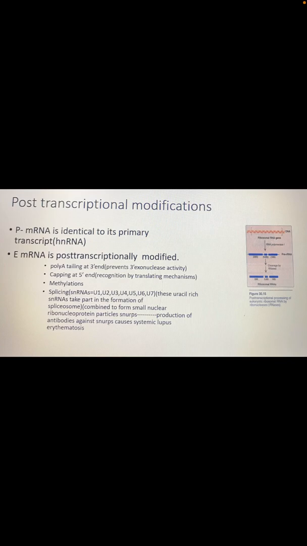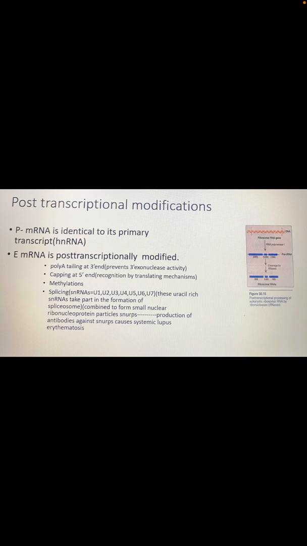As eukaryotic mRNA contains both exons and introns, we have to remove these intervening sequences, the introns, from the coding region, which is called exons. The removal of introns from the exons and joining of exons together is called splicing. This splicing is done with the help of different types of proteins making a spliceosome, and the formation of spliceosome is done with the help of small nuclear ribonucleic acids, which are U1, U2, U3, U4, U5, U6 and U7.